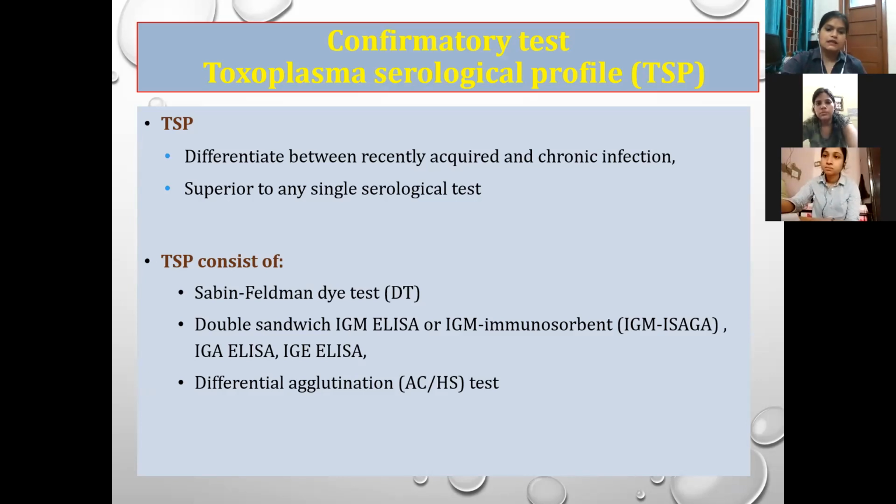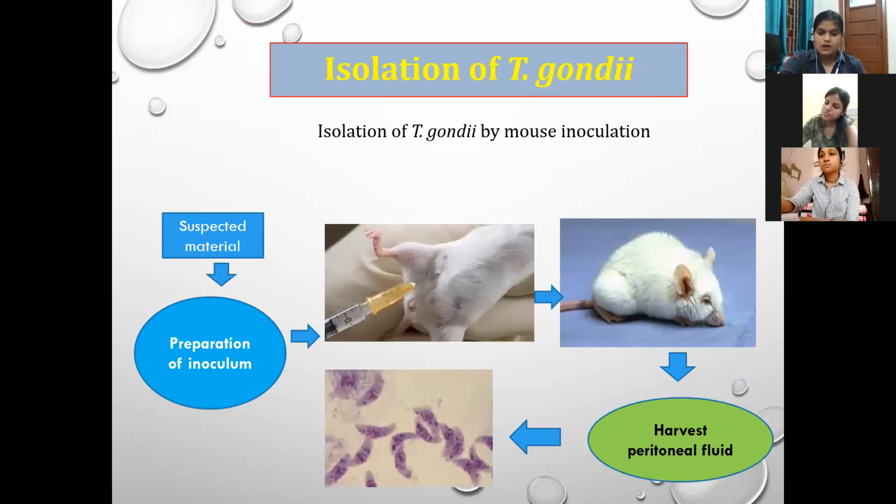So this is the TSP, Toxoplasma serological profile. We have already discussed how we can harvest or isolate the organism. You can inject the suspected material in the peritoneal cavity of the rodent. After that, you can harvest the peritoneal fluid and observe the parasite under the microscope.